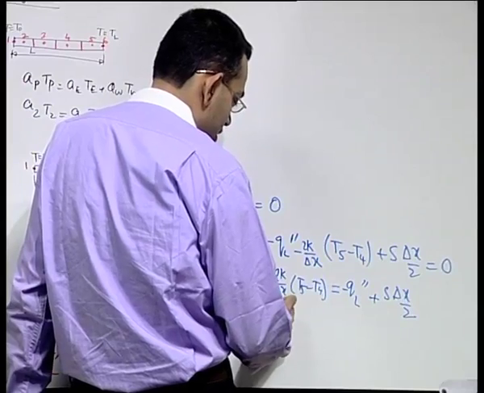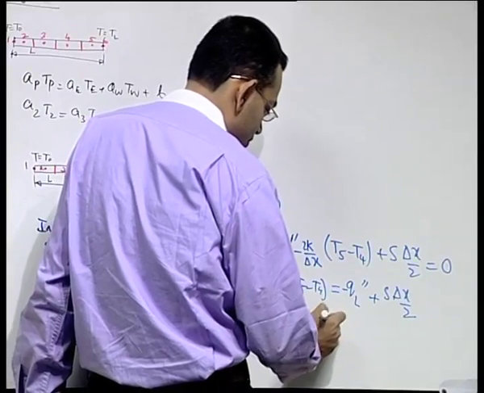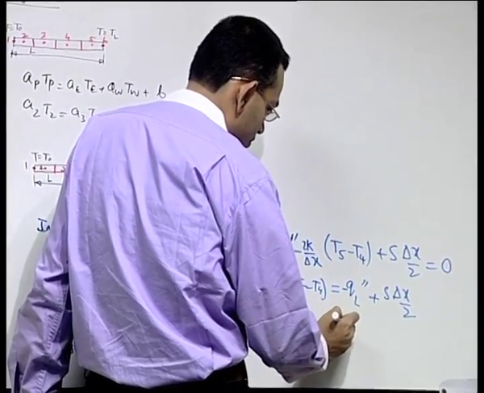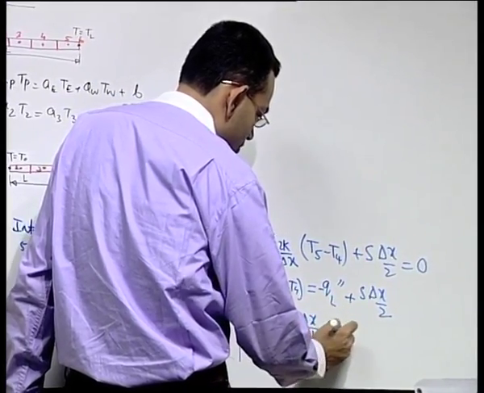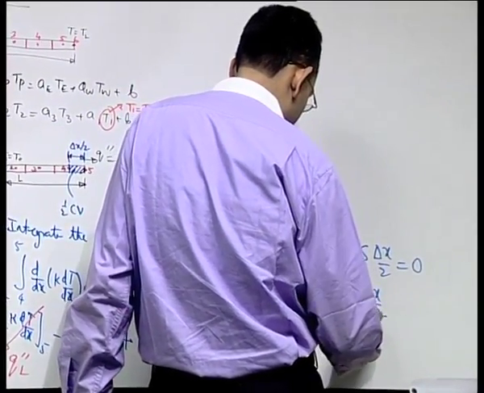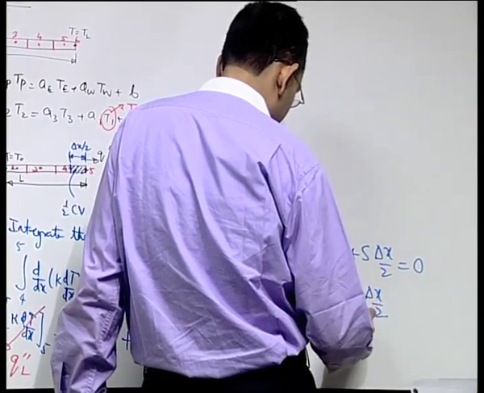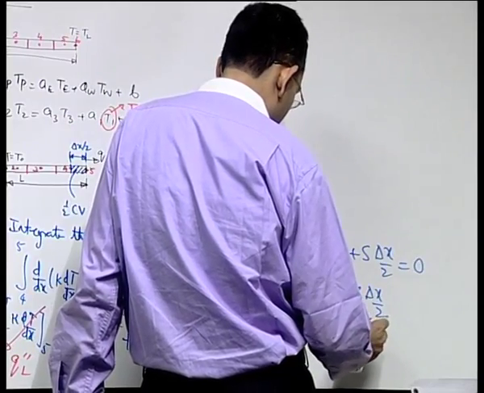That means T5 is equal to this one plus s by k.